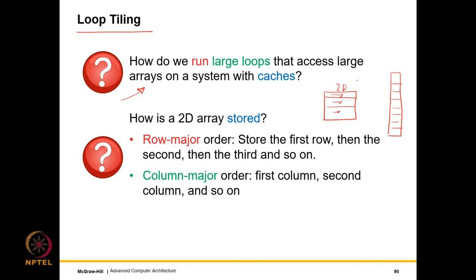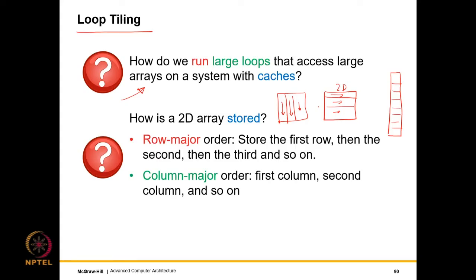So many programming languages use the row major order, but what is slightly more common, I would say, is the column major order. In this case, we store the first column, second column, third column, and so on, right? So that is primarily the way that data is stored.